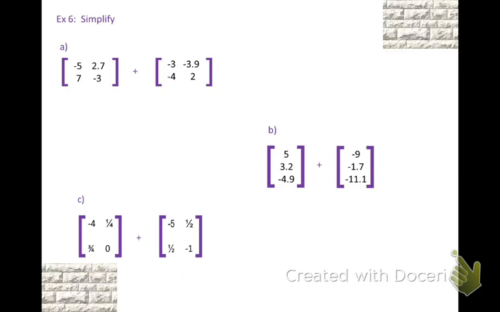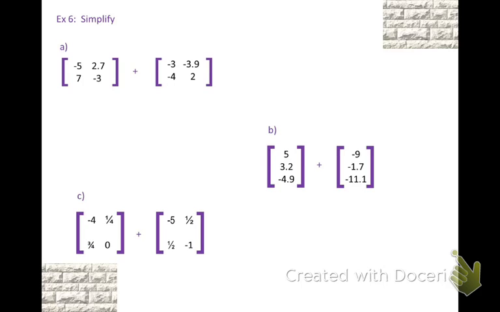Now this is what matrices, that means more than one matrix, look like. I'm going to show you one, and you are going to do the others. Put me on pause and check and see if you're doing them correctly. So, on the first one, you go in order of the way they are lined up.